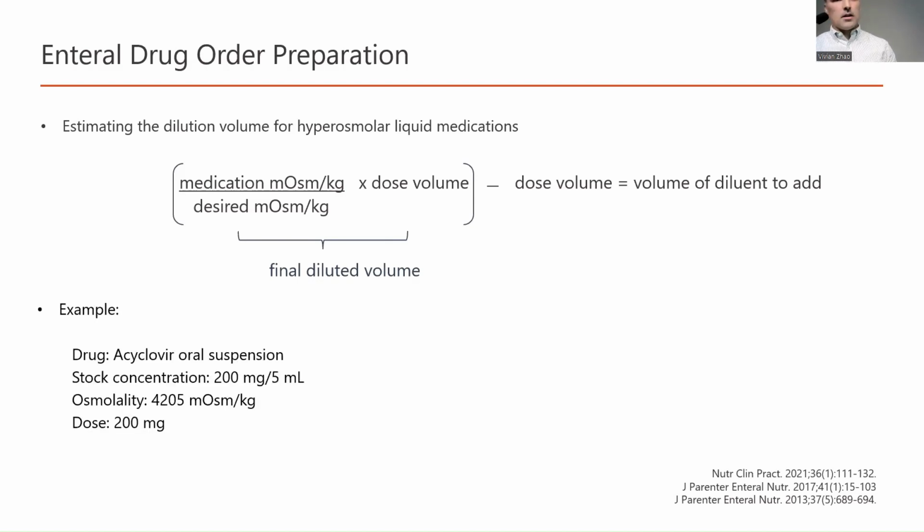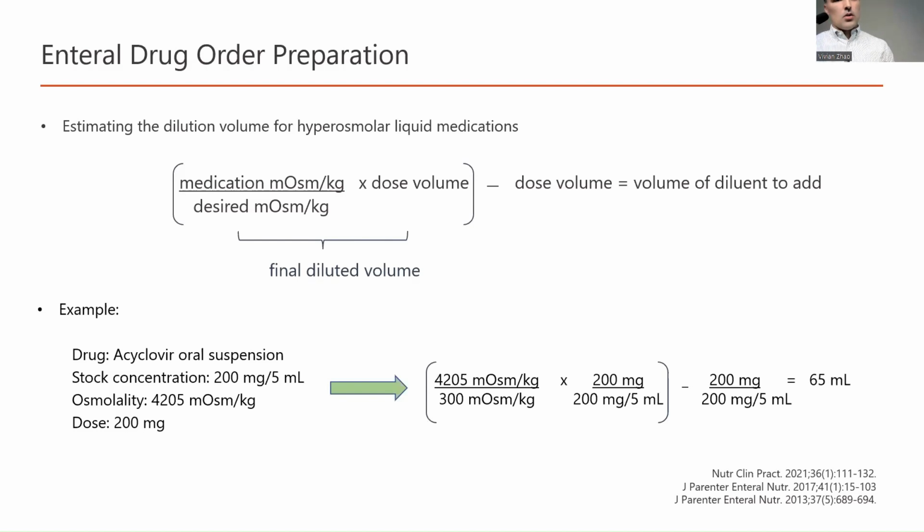So the example I have here is for acyclovir oral suspension. You can see the stock concentration is 200 milligrams per 5 mL. Osmolality is 4,200, which is very high, and the ordered dose is 200 milligrams. So you take the initial osmolality divided by the desired osmolality, let's say 300, if you want to administer that via a jejunal tube.